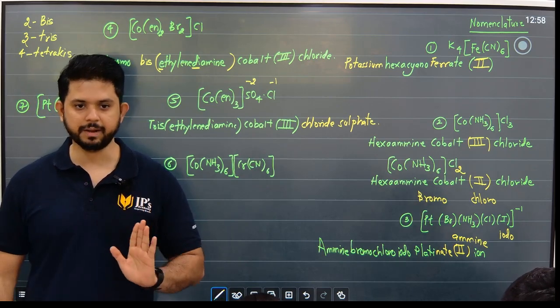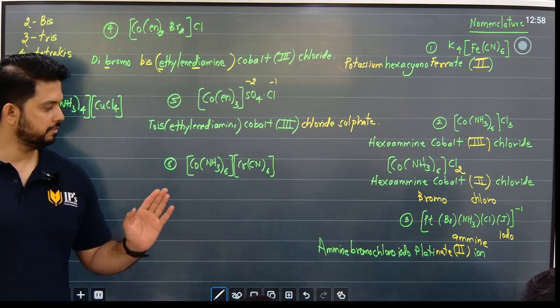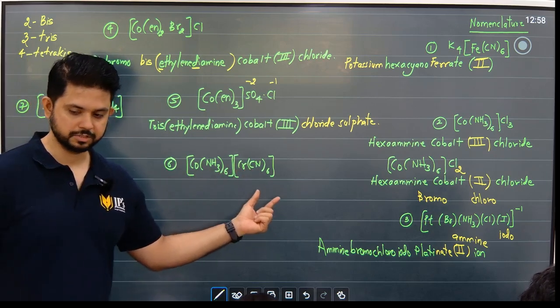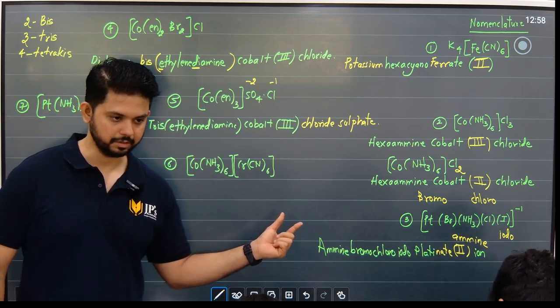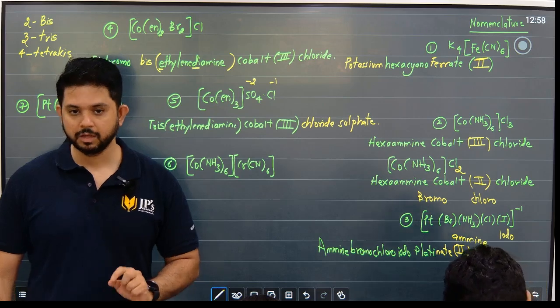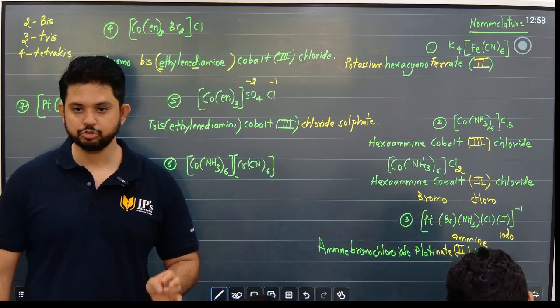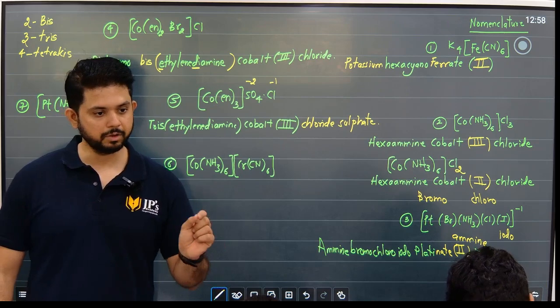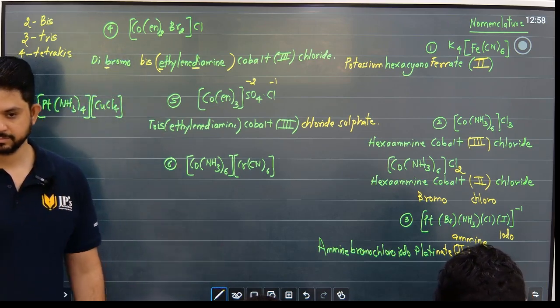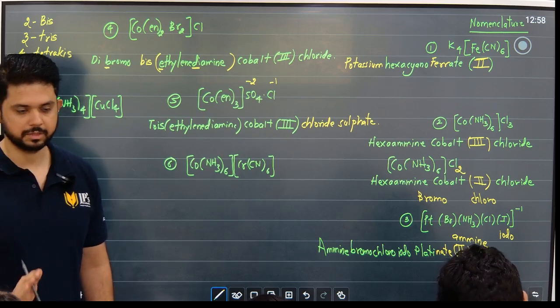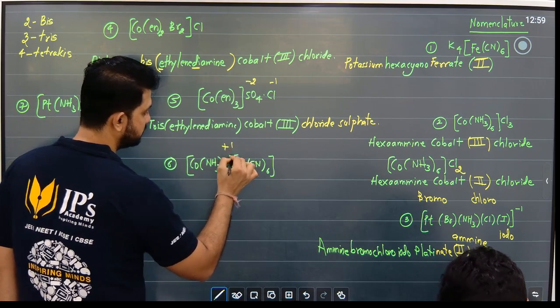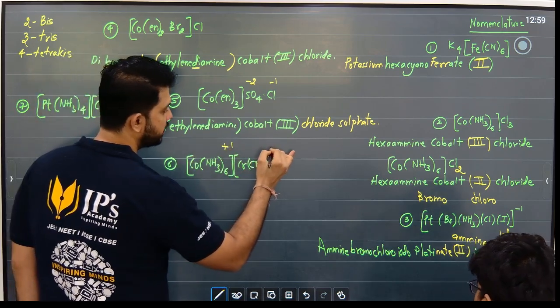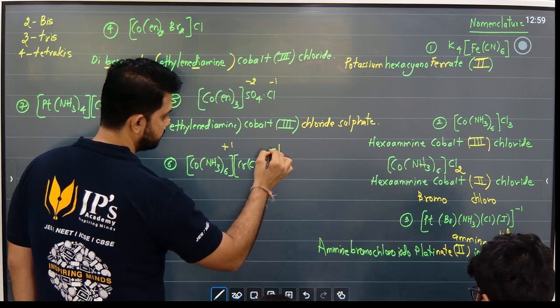इनका एक स्पेसिफिक पैटर्न है. We will give arbitrary charges to the cationic part and to the anionic part in such a way that both the metals should have the same oxidation state. Meaning, I start by giving the cationic part a +1, so the anionic part will get -1.